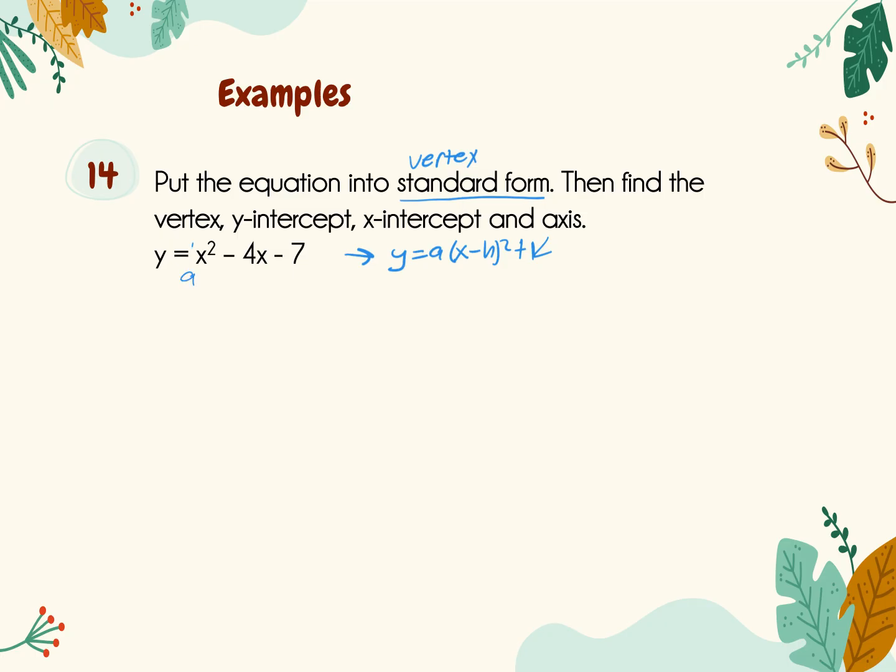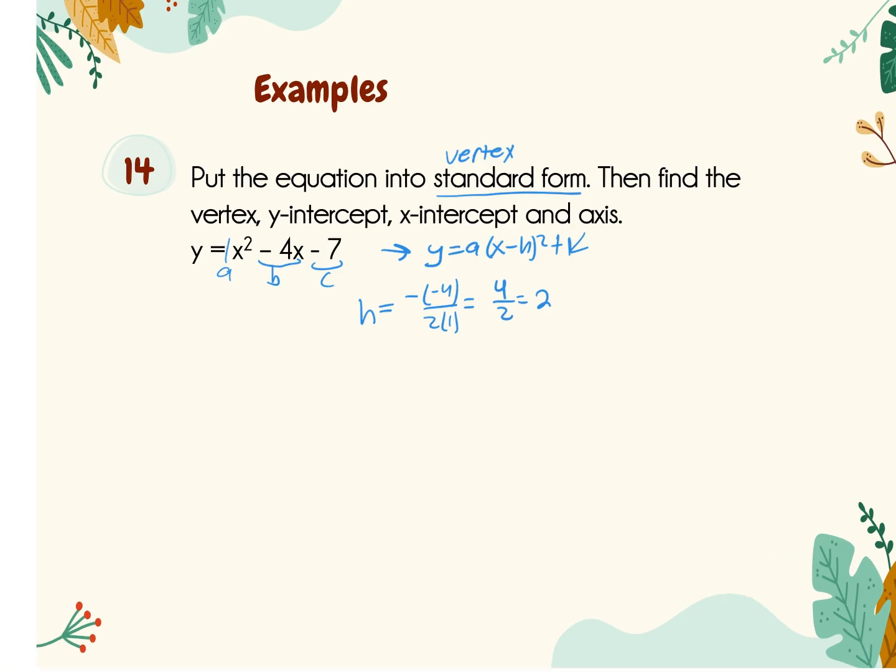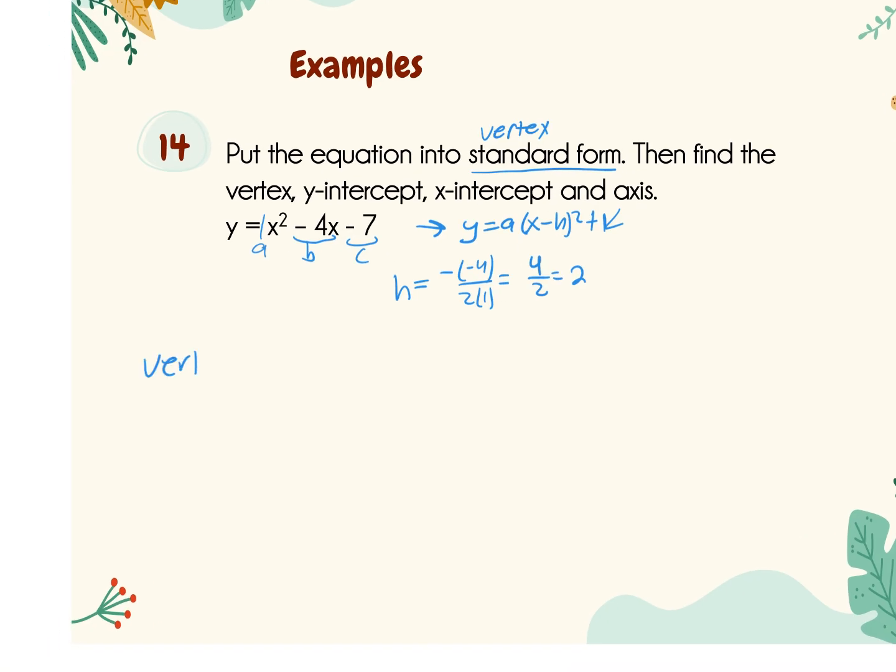All right, so a is 1, b is negative 4, and c is negative 7. So I'm going to do h equals negative b over 2a, which is negative negative 4 over 2 times 1. And that's 4 over 2, and that equals 2. So we can fill out information with our vertex, right? So our vertex is going to be 2 comma something, right?